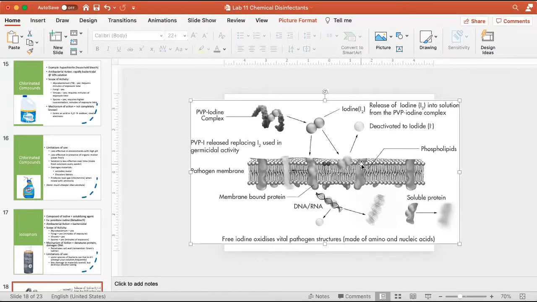Remember, there's protein in the membrane that it's going to denature. It's also going to denature proteins inside the cell, and it's going to damage the DNA. So it's a very effective bactericidal chemical because of those two abilities, denaturing protein and damaging DNA.